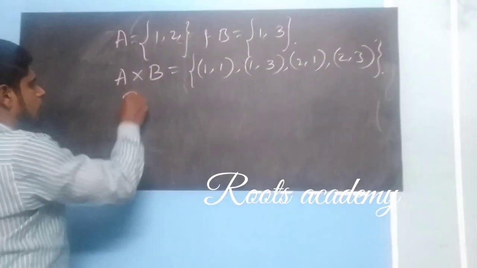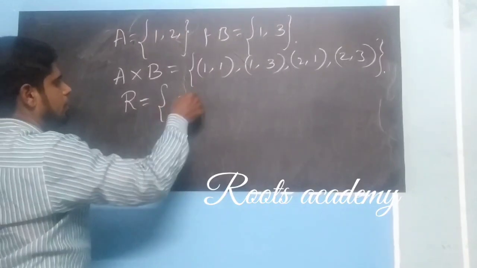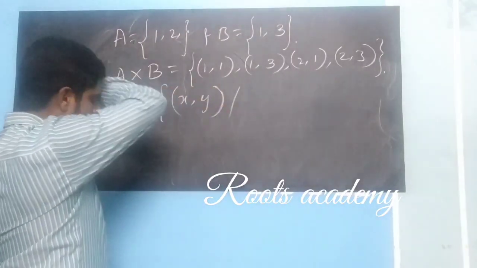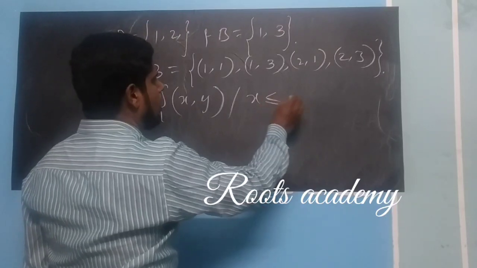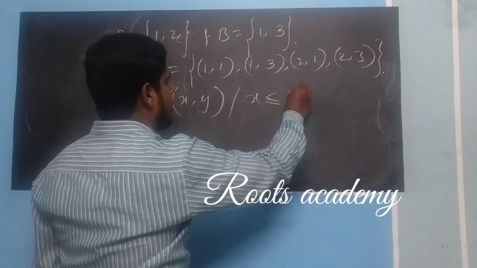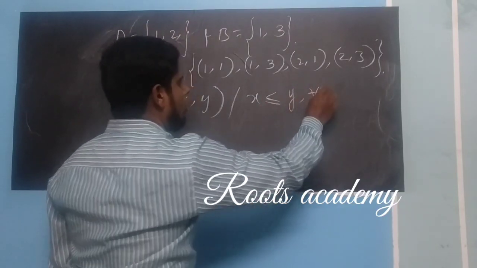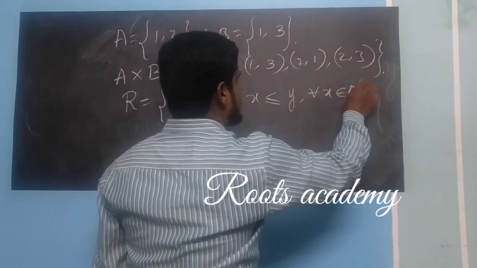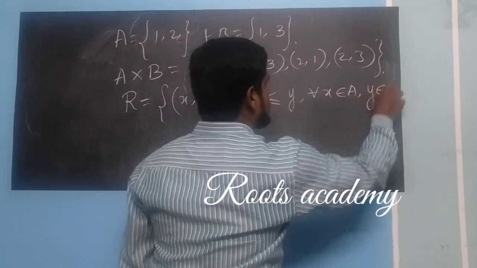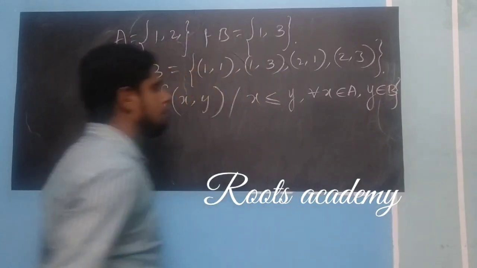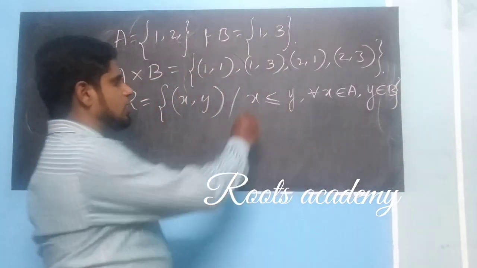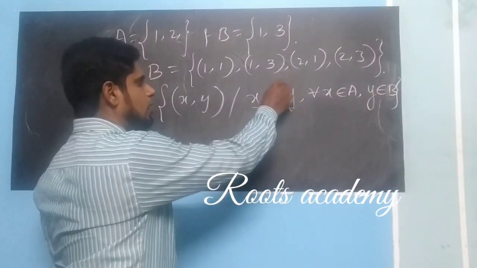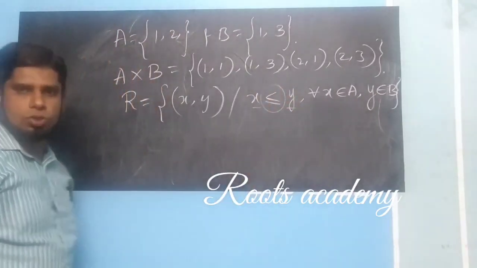Next, the relation defined here is (x, y) such that x is less than or equal to y, for all x belonging to set A, y belonging to set B. So the relation between the two numbers here is less than or equal to.